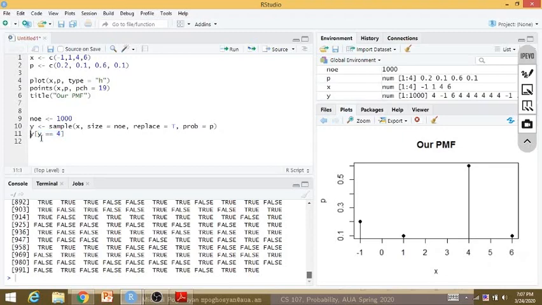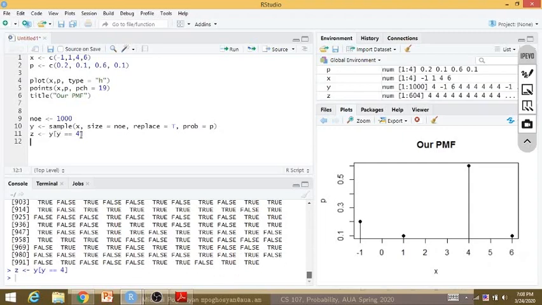So let me write Z equal to all elements of Y which are 4. I'm running this, and Z is a vector of size 604. So we have 604 fours.